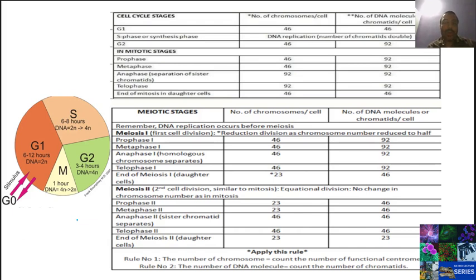In the last class, we discussed the stages of the cell cycle in general. They are interphase and M phase. Interphase is again divided into G1, S, and G2 phases.